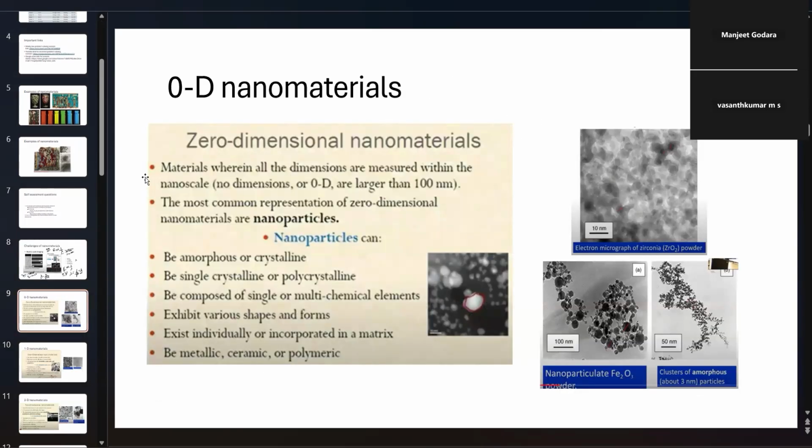Then we covered some different classes of nanomaterials. First we have zero-dimensional nanomaterials.